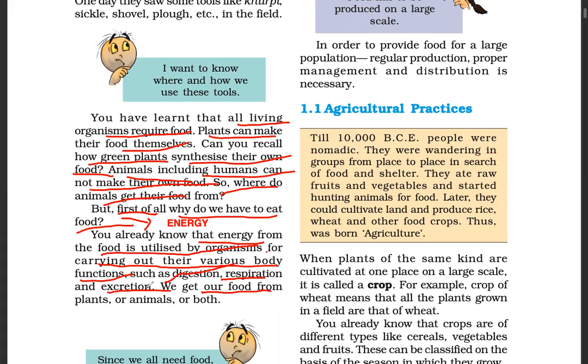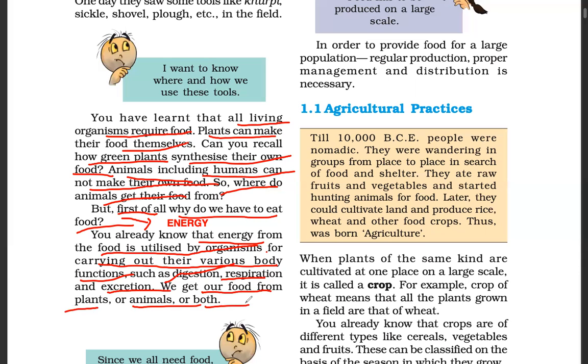We get our food from plants, animals, or both, like meat, chicken. I know some of you do not eat non-veg. You are only vegetarian, but the rest of the people are non-veg, so they eat some animals also, right?